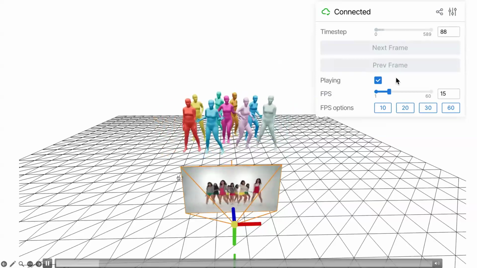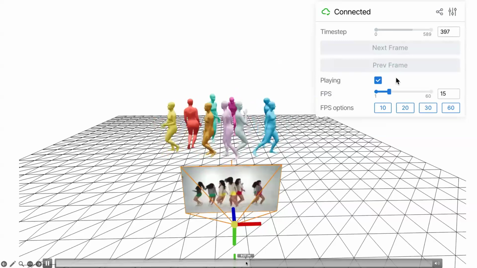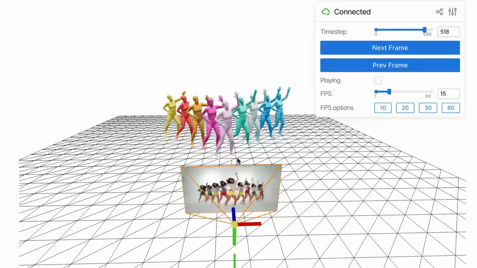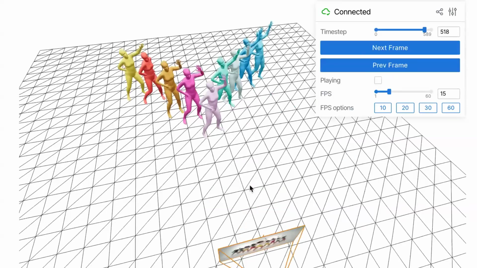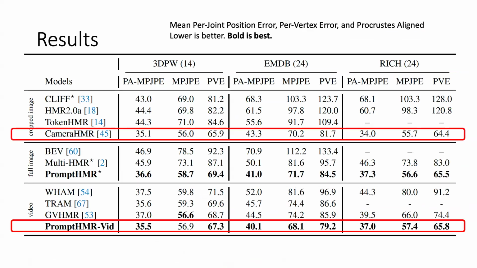And among methods that are temporal methods that put people in world coordinates, it's very accurate. So I think it's currently the state of the art in terms of video-based methods, particularly when putting people in world coordinates. It's still not as accurate as CameraHMR, which is a per frame method.